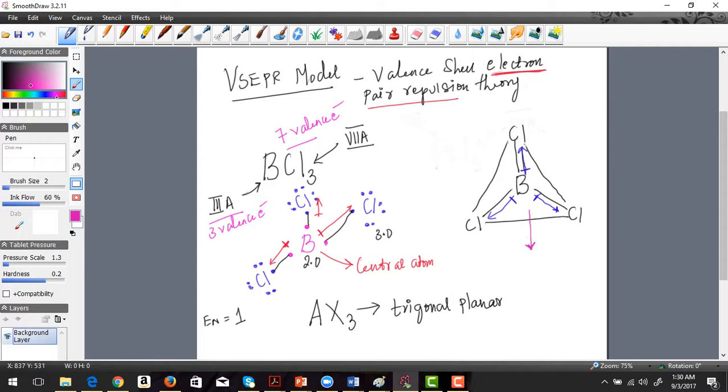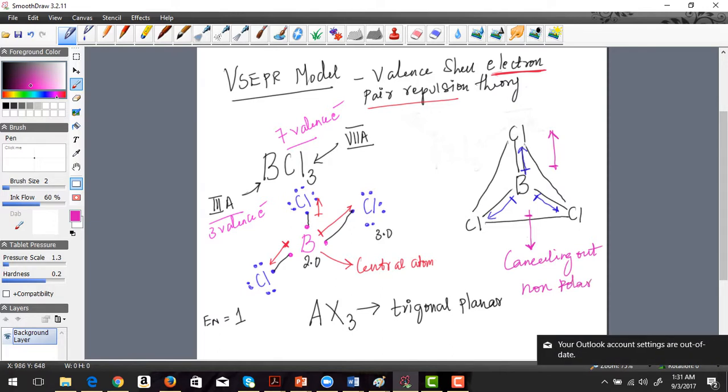So overall, this arrow is going down, this arrow is going up. We now have a tug of war. The 2 tails are pulling each other apart, so they're canceling out. So the molecule itself is nonpolar, because there is no electron pair repulsion in this molecule, because there is no lone pair in this particular molecule, which is why it's called nonpolar.